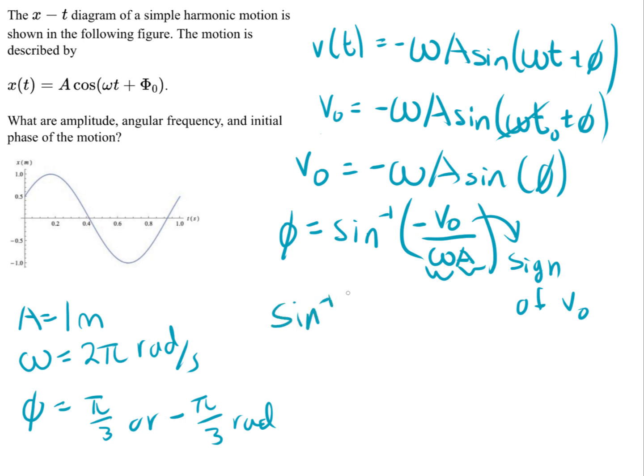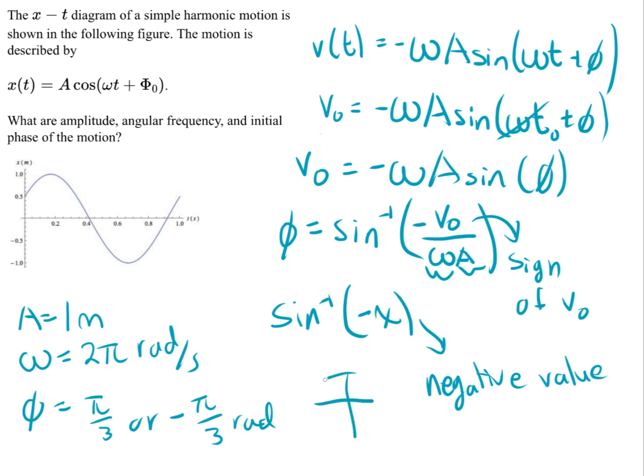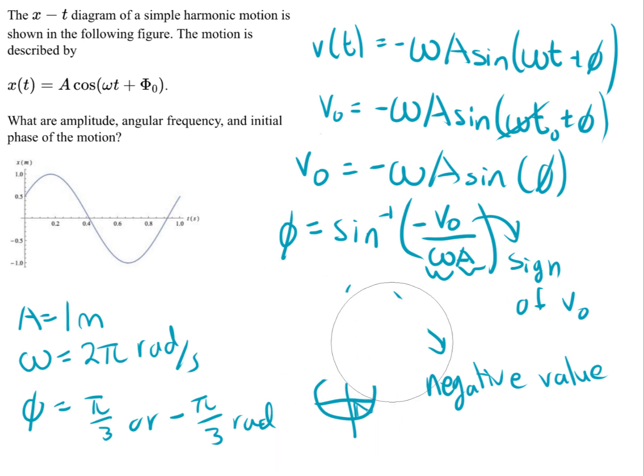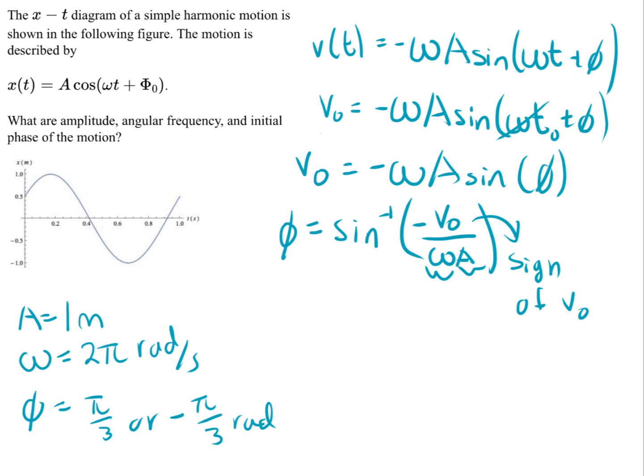And the inverse sine of any negative number is still going to return a negative value. This is because, going back to our little unit circle, the sine is the y component of each coordinate, so the only places where you're going to get a negative value is down here. So that is why it would always have a negative value here.